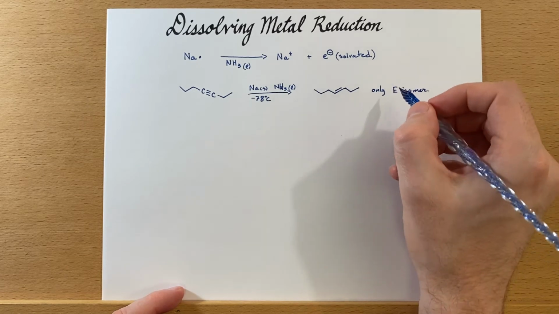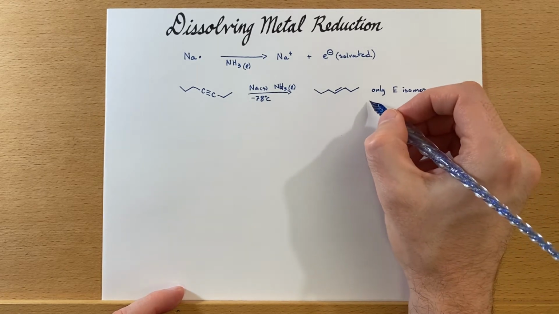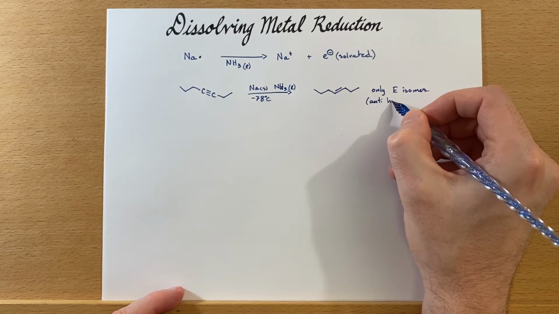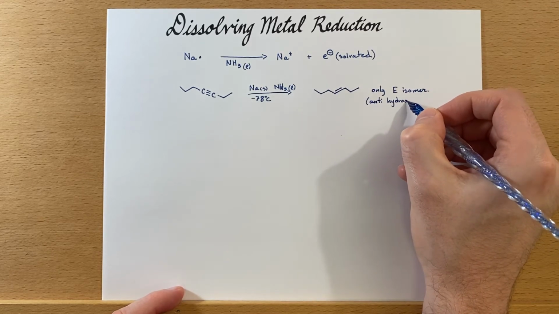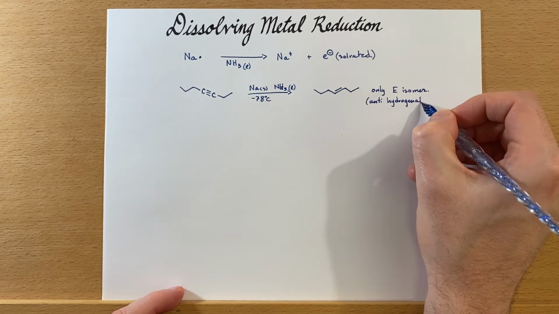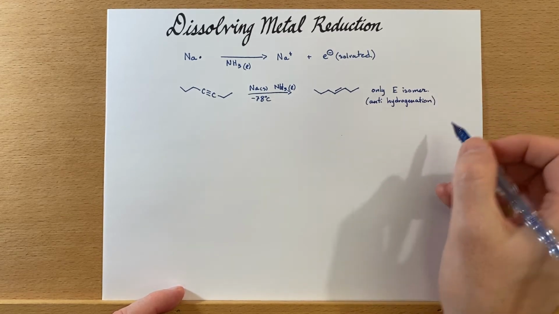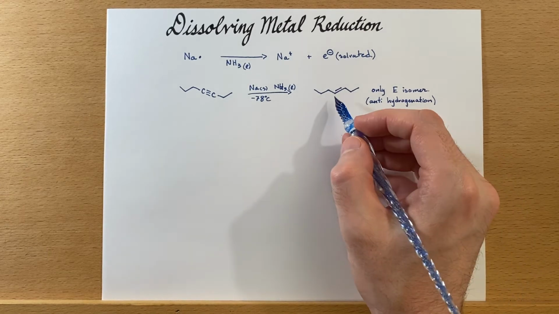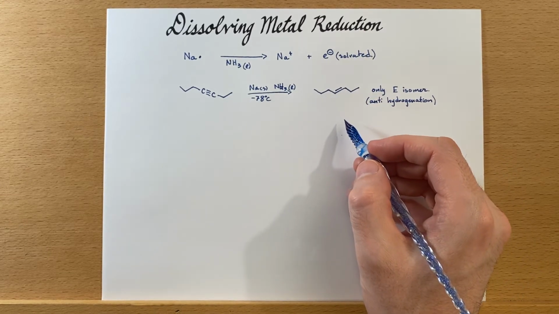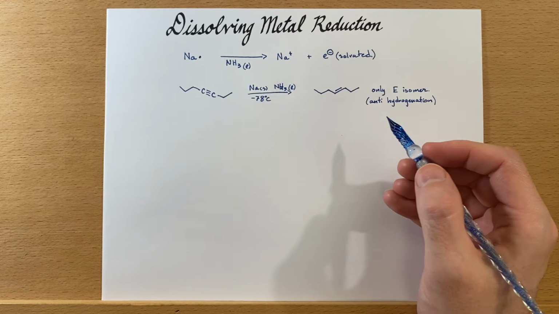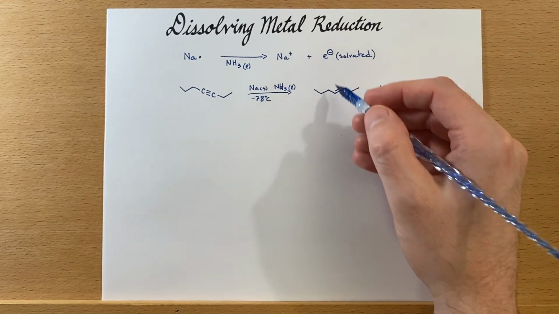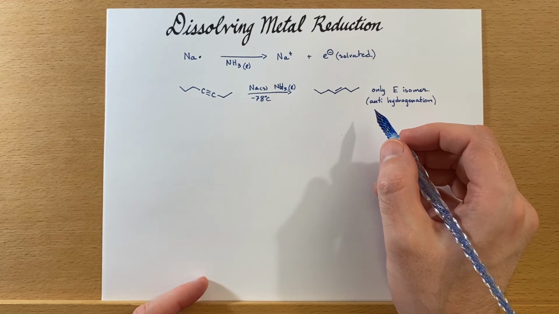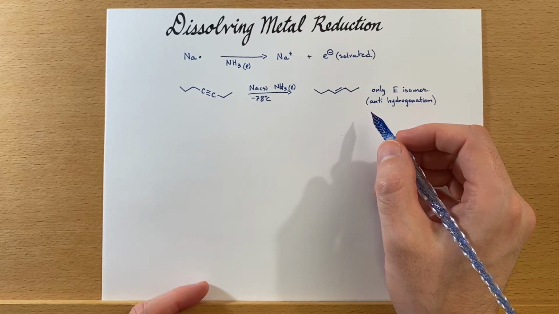So this is an anti-hydrogenation. And it doesn't mean it's against hydrogenation. It just means that it's adding on opposite sides of the molecule rather than syn hydrogenation, which would be adding to the same side. And the real reason this happens is steric hindrance.